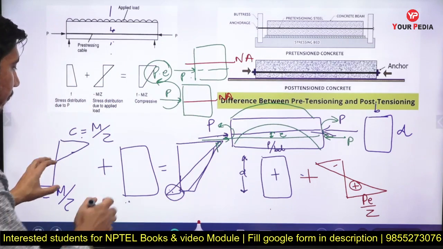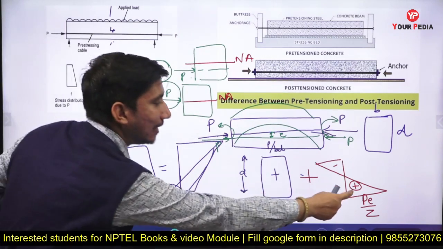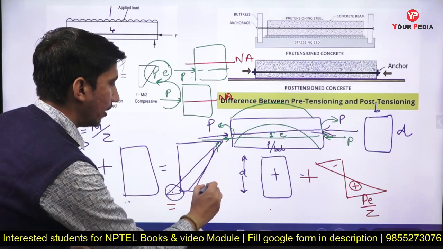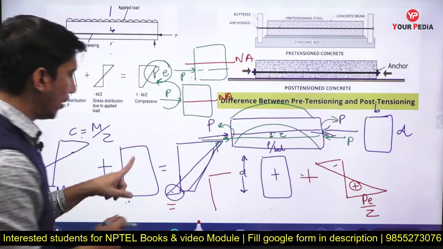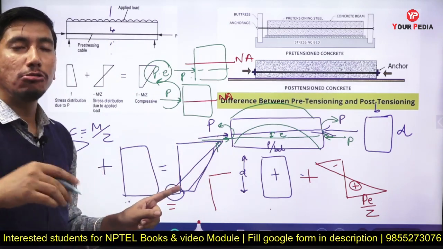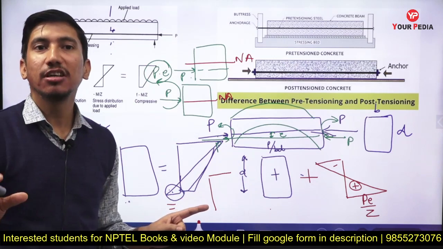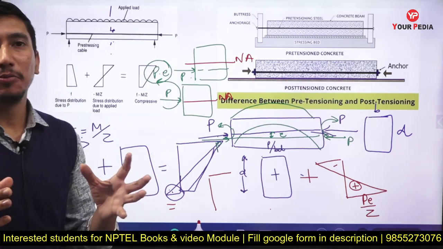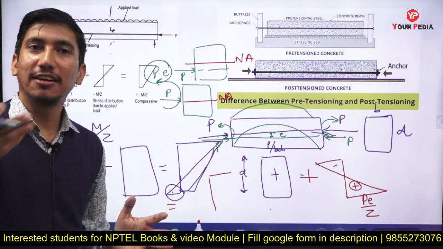Now instead of adding only this, we have to add this also. Now what will happen if I add this also? Now there will be less. Now if you see, large compressive stresses come over here. There is also a limit to how much compression concrete can take. We don't want to exceed it, and we don't want to save it in tension and have it fail in compression.